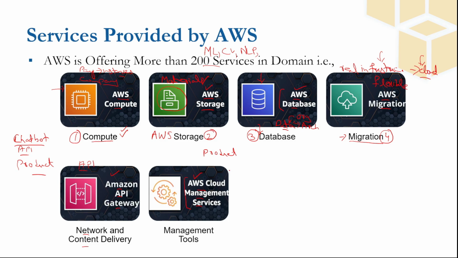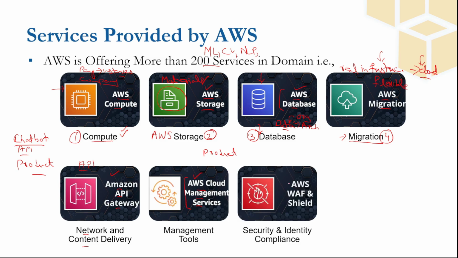And for that, AWS also provides a lot of products, right? One of those products is AWS WAF and Shield, and this product makes sure that your product is secure, and the identity of the users are identified and things like that. So due to that, it is actually a very important step, and it makes sure that your company is in safe hands, and you can just use it to develop the product that you want.